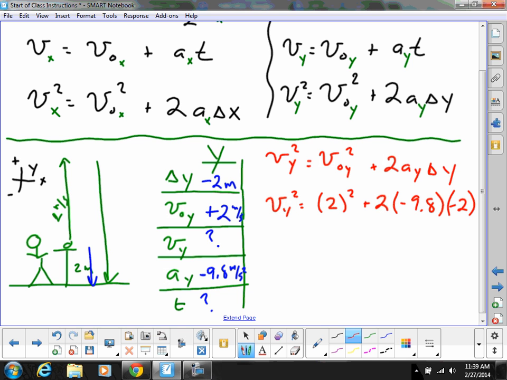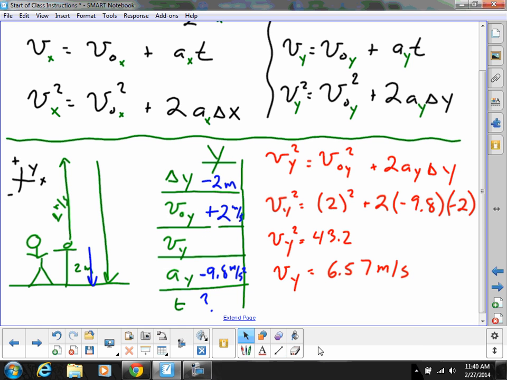And so what do we get for that side? So that side comes out to 43.2 for v_y squared. Then we have to do the square root to get the final velocity. And we get 6.57 meters per second.